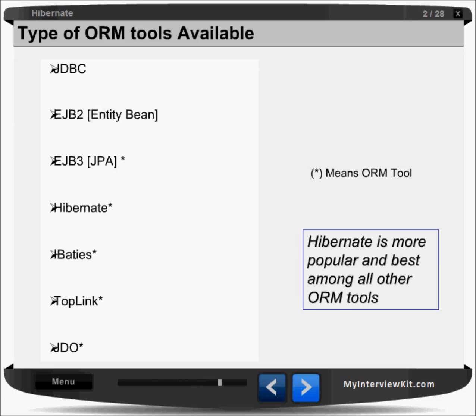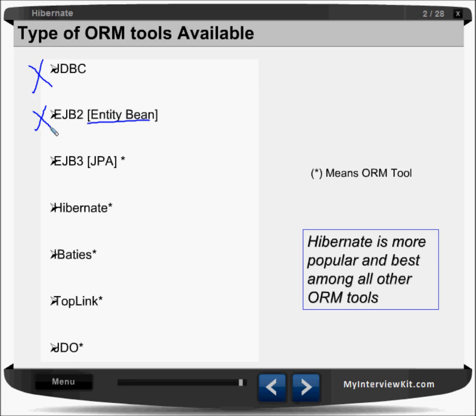Again, this is also provided by EJB 2. But here we have the concept of entity bean, but these are not exactly ORM tools, right? Because you are still writing some queries in JDBC and EJB 2.